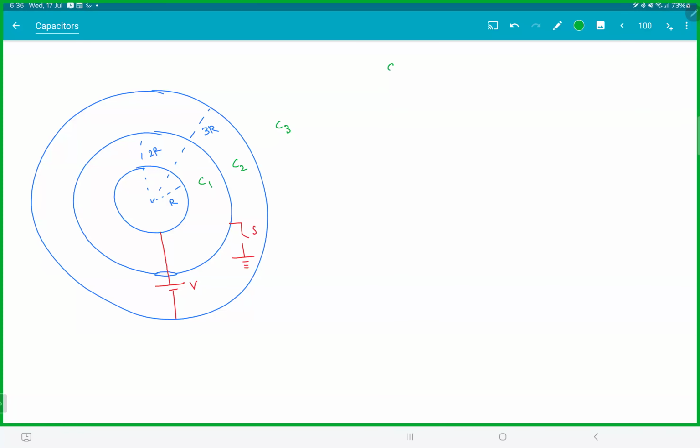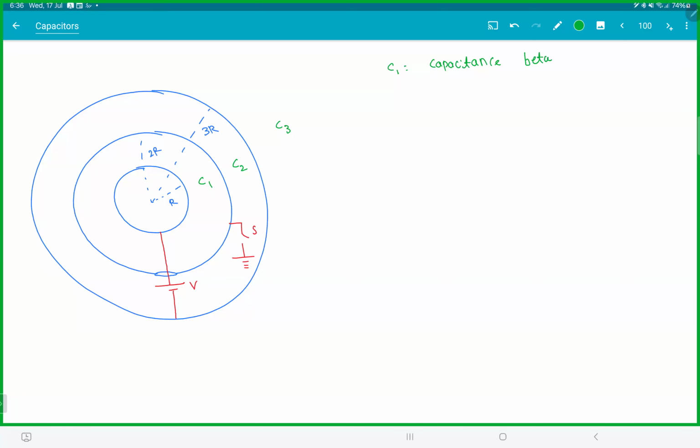You're getting it? So C1, again, remember one thing. When you say capacitor, exactly what is a capacitor? Capacitor is not the plates. Capacitor is the space between R to 2R is a capacitance. Space between 2R to 3R is a capacitance. That space is the capacitor, not the plates. Plates are just the boundary of the capacitor.